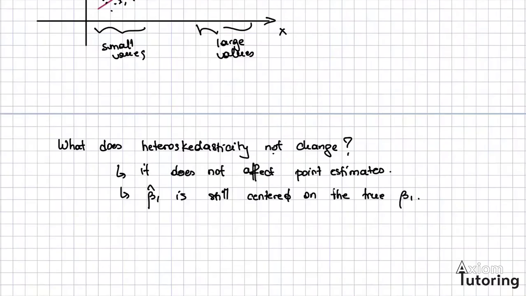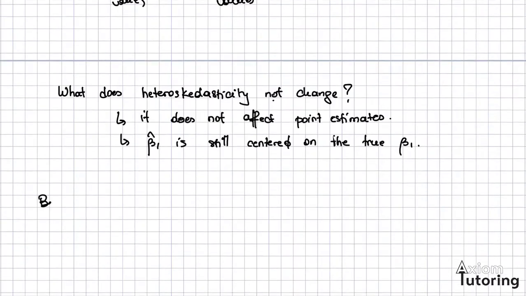And this surprises a lot of students. So keep in mind, with heteroskedasticity, the problem is not with the OLS estimates. It's how OLS measures the uncertainty around those estimates.